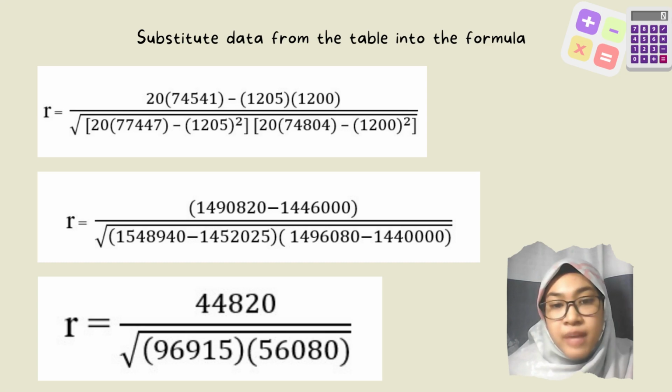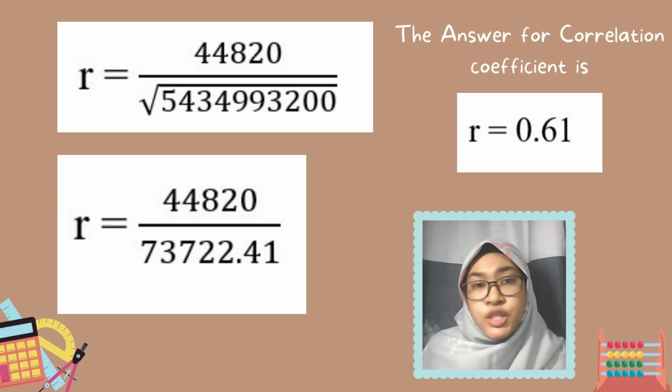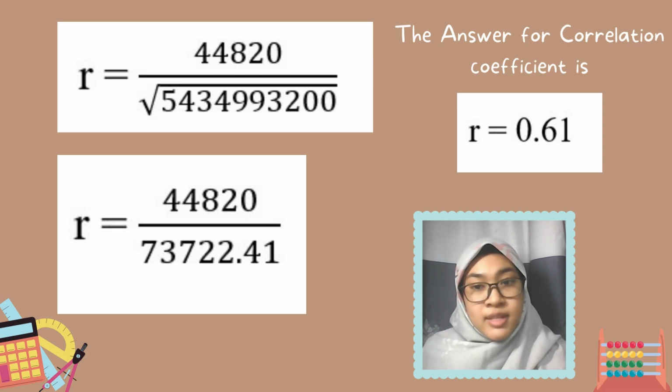From the result of the above calculation, we will get 44,820 divided by the square root of 96,900 times 56,080. Next, complete the calculation on the denominator part. The result to be obtained is 73,722.41.